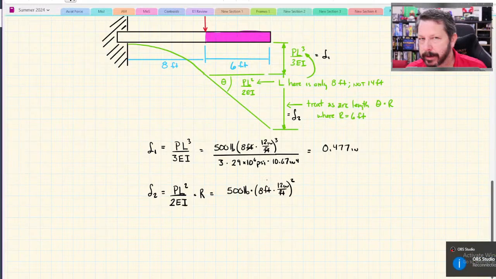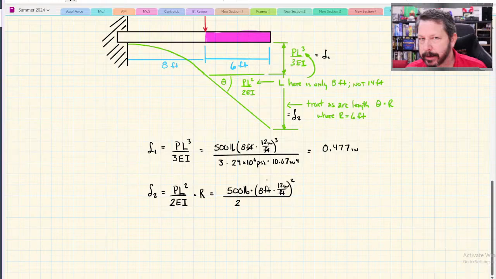That's PL squared over almost the same denominator, but it's 2 instead of 3. And we can't forget to multiply by R, which I've got as 6 feet.